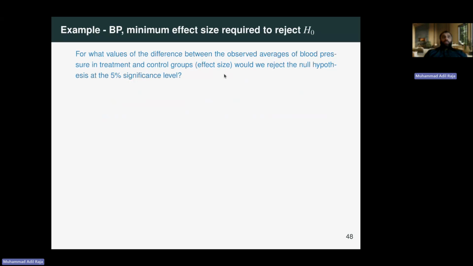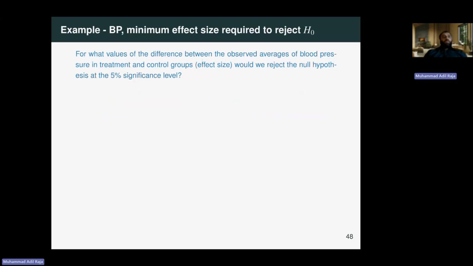For instance, if the difference in the means is, let's say, 1 mmHg, and we say, oh yeah, this is a very small difference, we don't think that the treatment had any effect, right? So we say that it has no effect. So the question is, what value of a blood pressure drop or increase would suggest to us that the treatment had an effect?